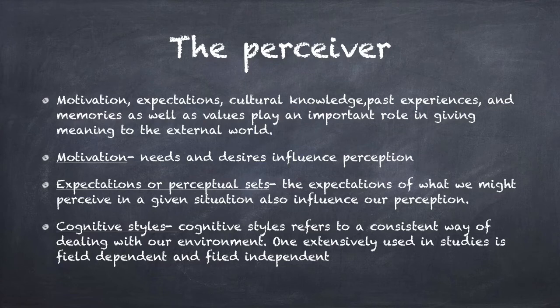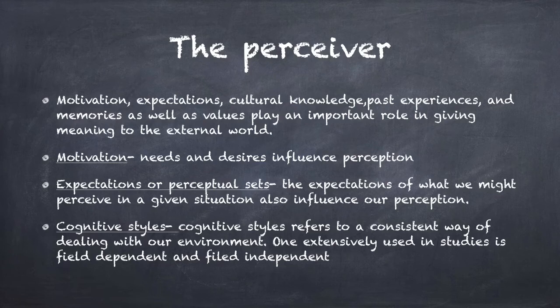So this is expectation or perceptual sets. The expectations about what we might perceive in a given situation also influence our perception. I am perceiving that the food delivery guy has come, but actually someone else has come. So perception also depends on what you are expecting as well.